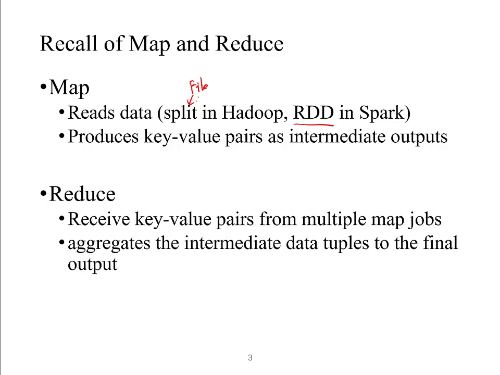Yeah, we will discuss this later. For reduce, it receives key value pairs from multiple map jobs and aggregates the intermediate data tuples to the final output. So basically, when we design a MapReduce program, we need to fit everything into this map and reduce framework.